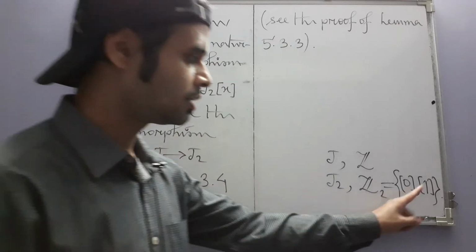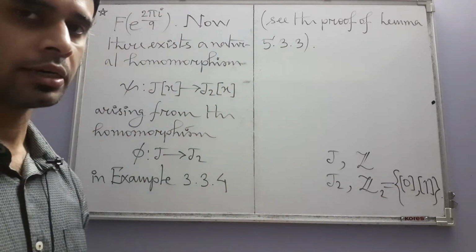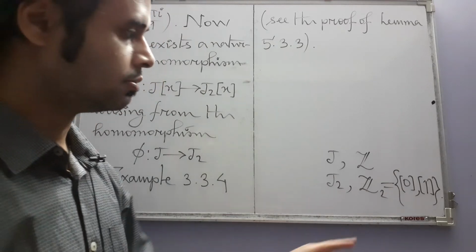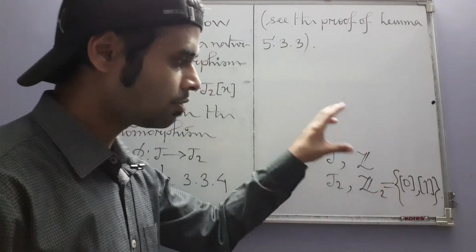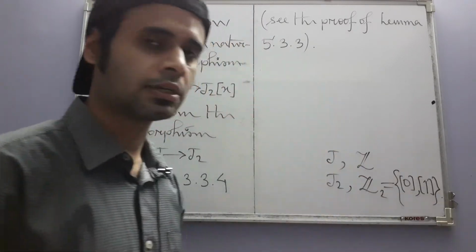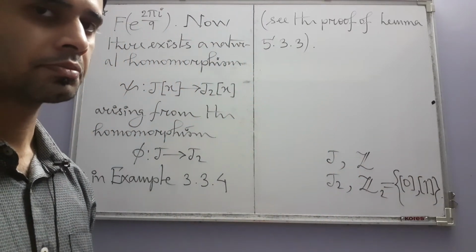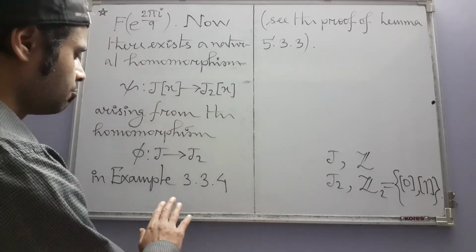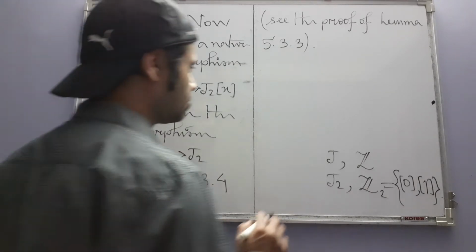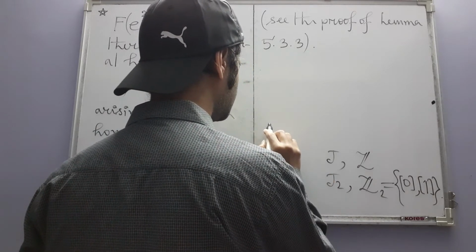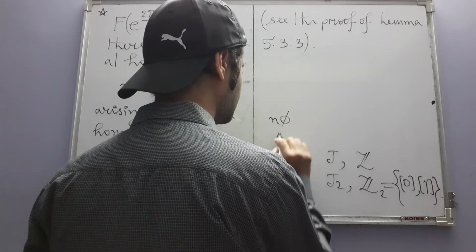which if you go back to the first preliminary chapter, there the author has defined it like this. These elements are not ordinary 0 and 1, but they are congruence classes modulo 2. This one is the set of all the even integers, and this is the set of all the odd integers. Okay, so you recall those things. And what is phi? Phi is this homomorphism, which is defined like this.